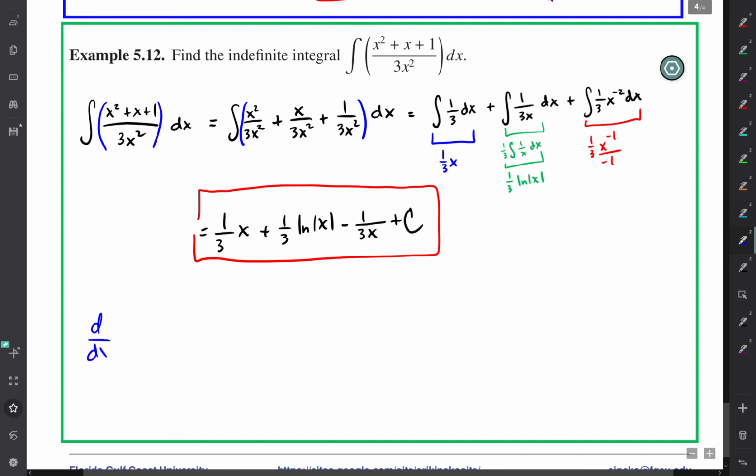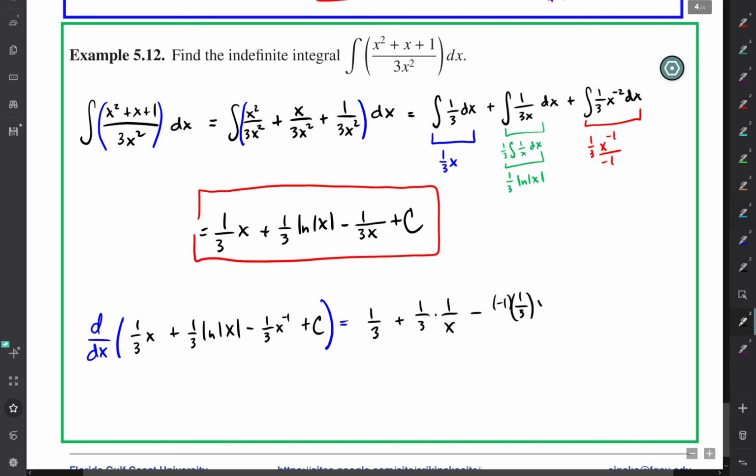So if I take the derivative of that expression, 1/3 x plus 1/3 ln of the absolute value of x minus 1 over 3 times x to the minus 1, plus c, I will get 1/3 plus 1/3 times 1 over x, minus minus 1 times 1/3 x to the minus 2.